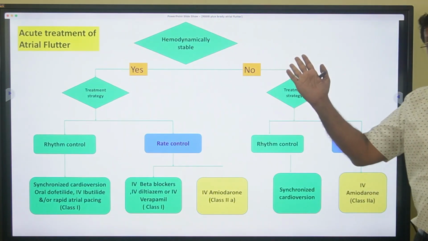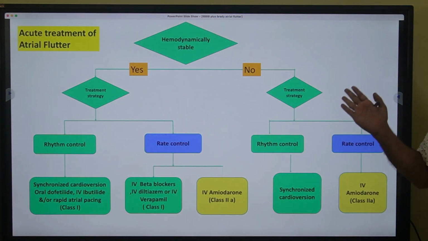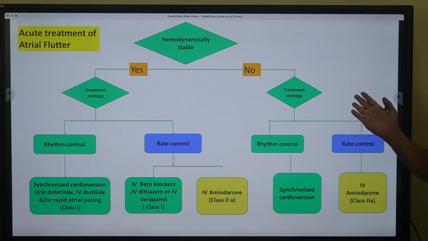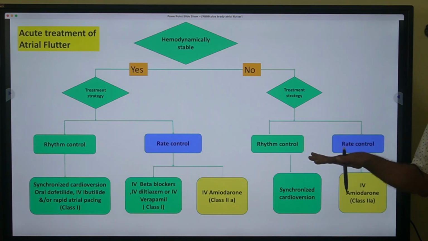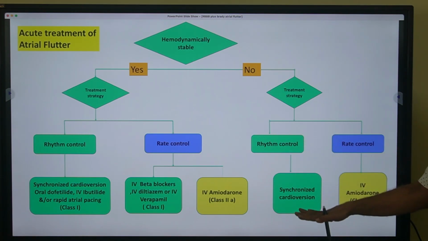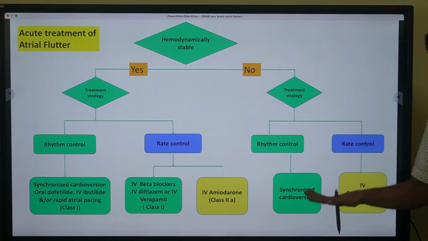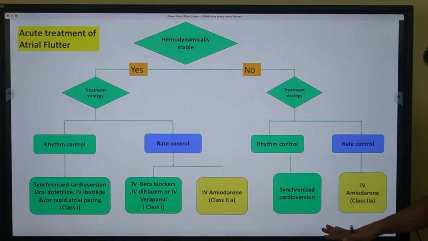If the patient is hemodynamically unstable, that means the BP is less than 90 systolic and the patient is having altered mental sensorium, in that case you have to switch to rhythm control, that means synchronized cardioversion. So in an unstable patient, cardioversion is the treatment of choice. Or if you want to go in for rate control, then you could give IV amiodarone infusion.